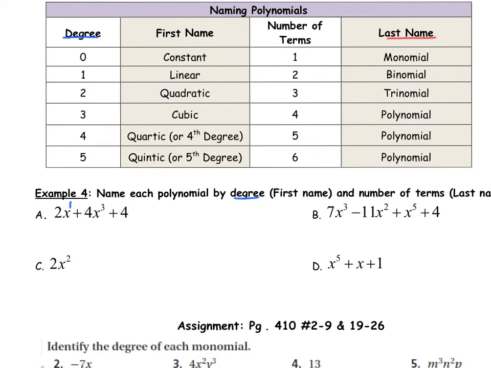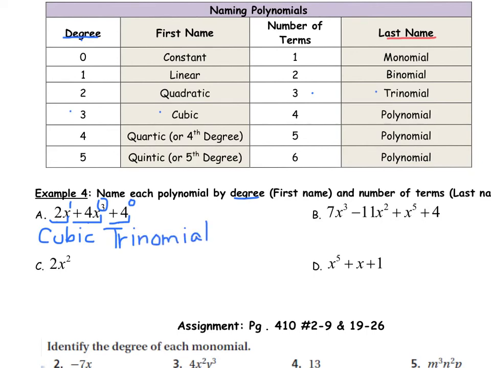So this term is degree 1, this term is degree 3, and this term is degree 0. So the highest is 3, so I look at degree 3 and I see the word cubic. So the first name is cubic. And next I count the number of terms, 1, 2, 3, and 3 terms is a trinomial. So this is a cubic trinomial.